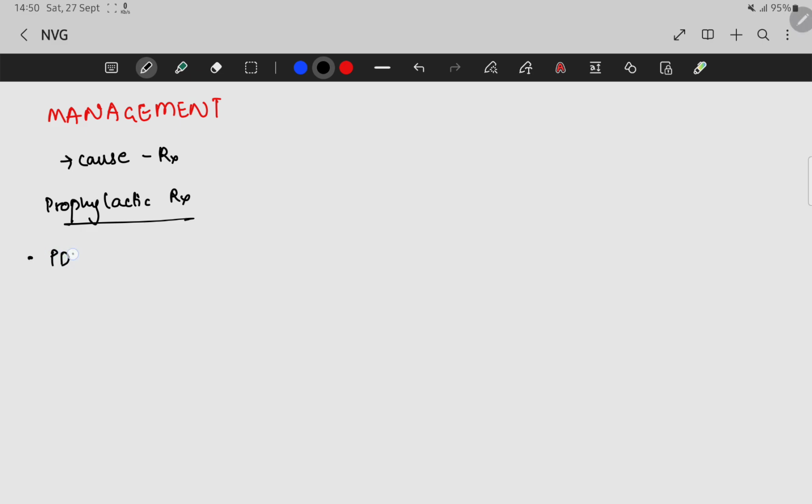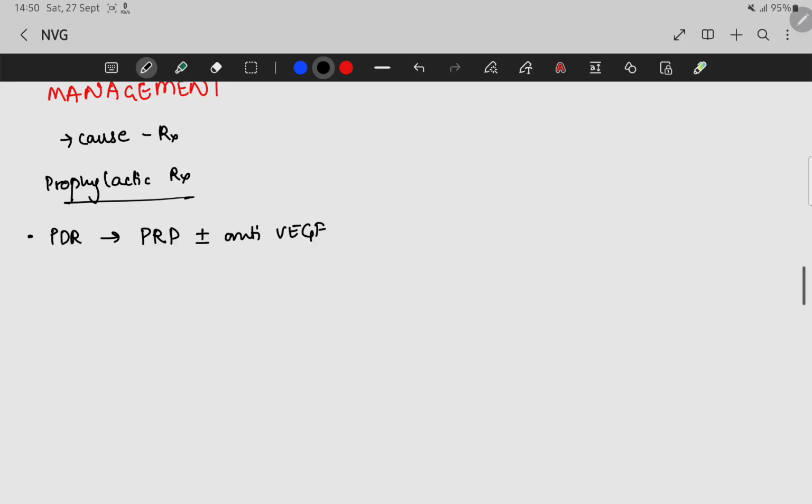Like in case of PDR, we can perform pan-retinal photocoagulation with or without anti-VEGFs. In case of ischemic CRVO also PRP can be done, and we have to perform FFA; if it shows ischemia, we perform this.